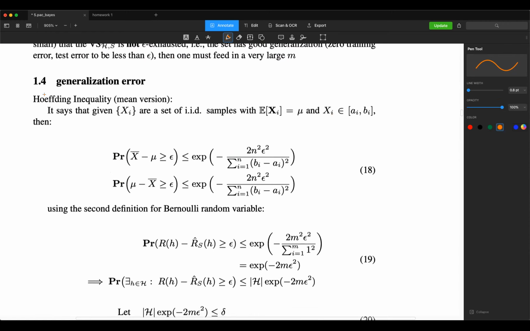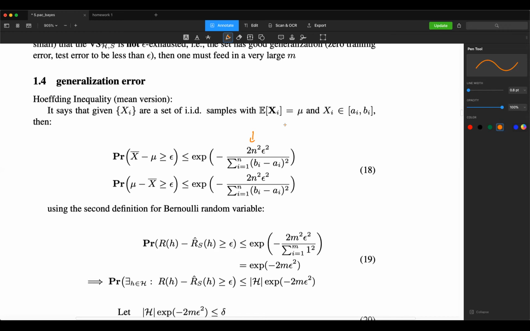If you have m, in this case, I have n. If you have n IID samples from a distribution, with known mean. Okay, the mean is mu. And I do know the range of each of the random variables.